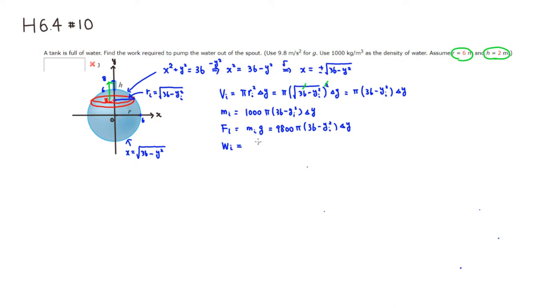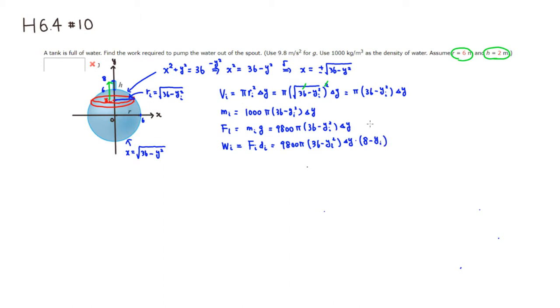So we take the force and multiply by the distance you need to travel. I'm going to just write the force out, and then we just have to multiply by the distance it needs to travel. So it's going to be 8 minus yi.